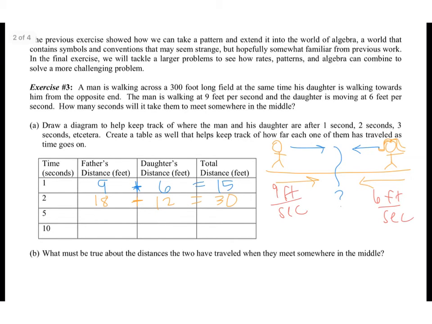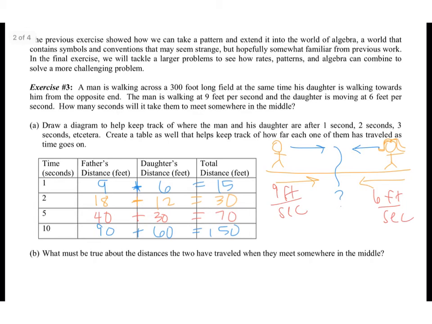After 5 seconds, you're going to multiply everything by 5, so 9 times 5 is 45, and 6 times 5 is 30. If you combine them, you get 75. And finally, by 10, so 9 times 10 is 90. 6 times 10 is 60, and you combine them, and you get 150 feet total so far.